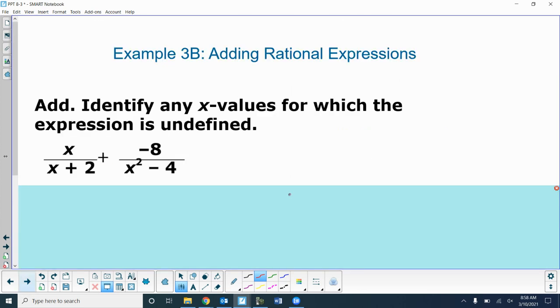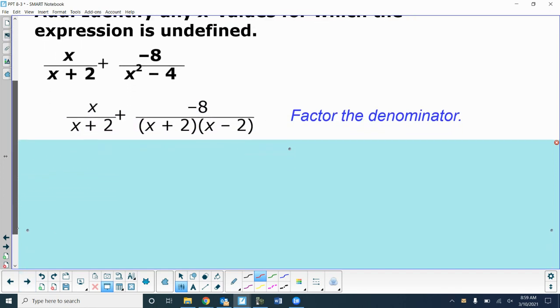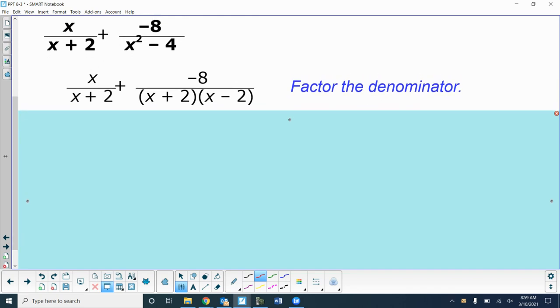Look at another one. Can I factor either denominator? Yeah, which one? The right one. What's it factor to? X plus 2, x minus 2, right, Danny? Any questions so far? What's my common denominator, Grant?